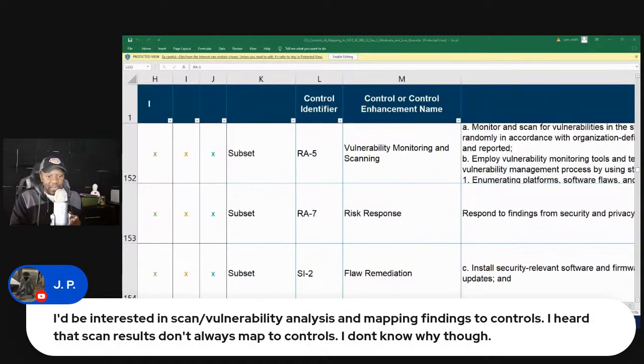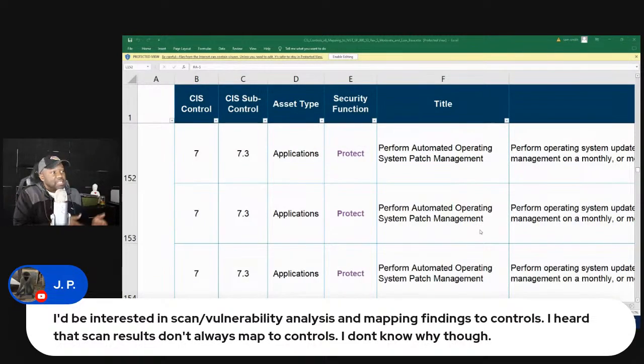That can cover operating systems, software, hardware. It can cover so many different things, and they make it like that on purpose. And the same thing with CIS controls that you're looking at here. CIS controls are broad. They're broad enough to cover many things, because you're having to deal with vendor agnostic situations.